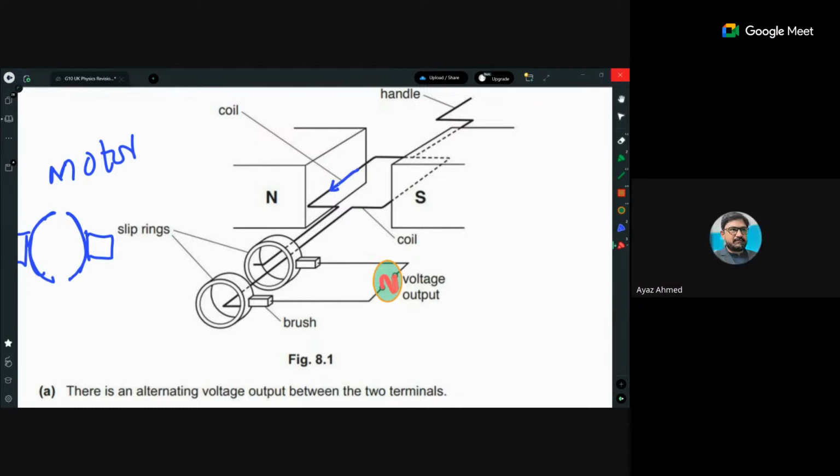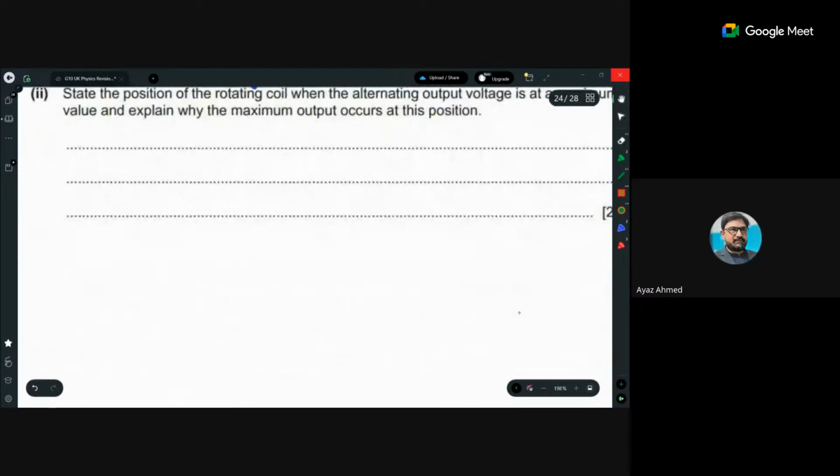The current would come to the output from the coil to this slip ring and to this carbon brush and so on, and from this it will go back. Is that clear? Yes, sir. Very good. Move to the next.